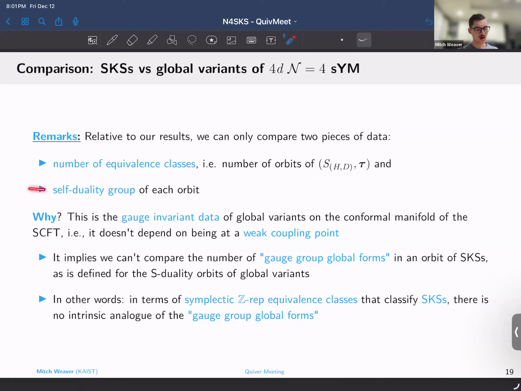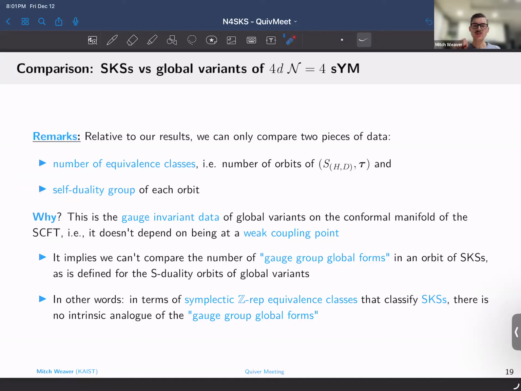And we can compare the self-duality group of each of those respective orbit types. The reason is that these are the two pieces of data that are gauge invariant on the conformal manifold of the SCFT, by which I mean this is the data that doesn't depend on where I'm at on the conformal manifold. It doesn't matter if I'm close to weak coupling; these quantities stay the same.